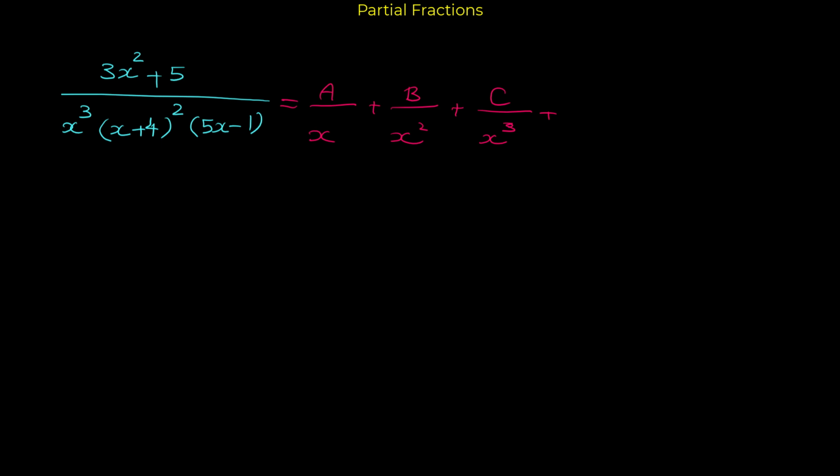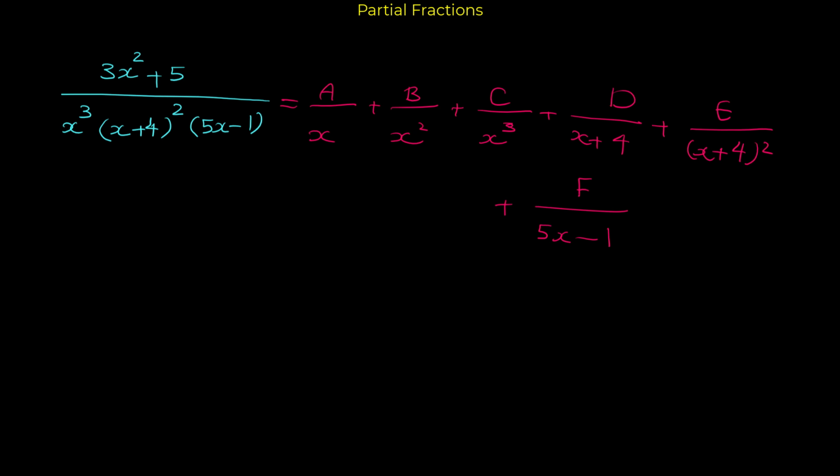Then for the next factor, we have x plus 4 and x plus 4 squared, with D and E in the top. And finally for 5x minus 1, which is raised to the 1, we just have 5x minus 1, and in the top we just put F. As you can see here, we have 6 unknown coefficients, A, B, C, D, E, and F. So we have 6 unknowns.